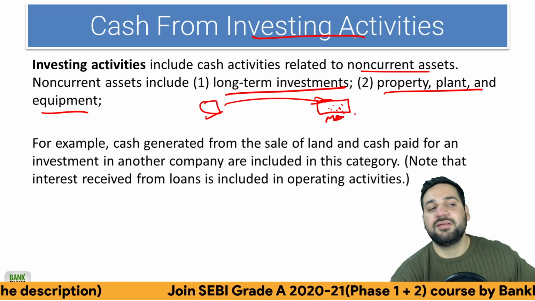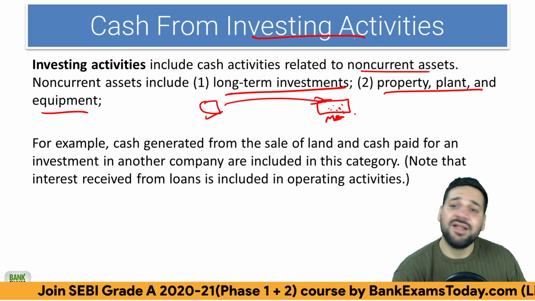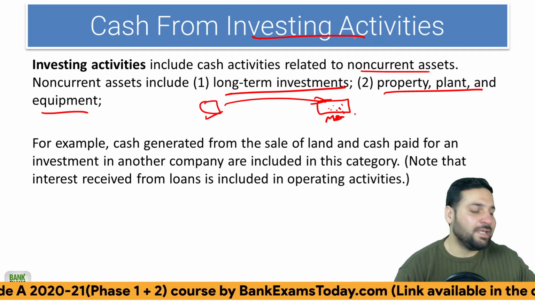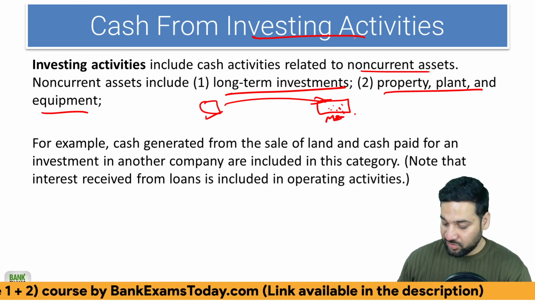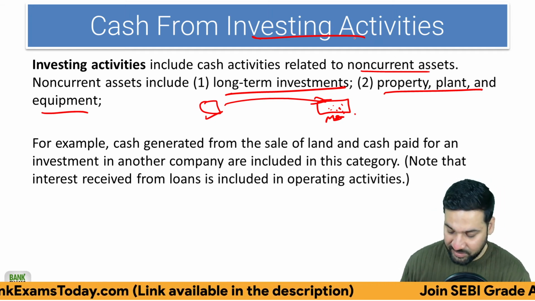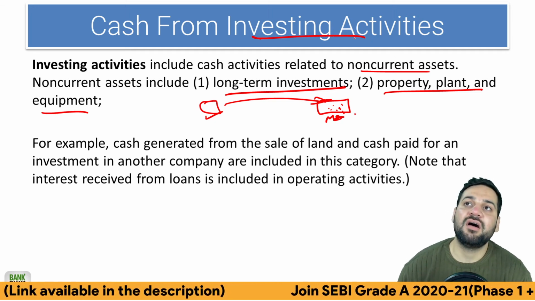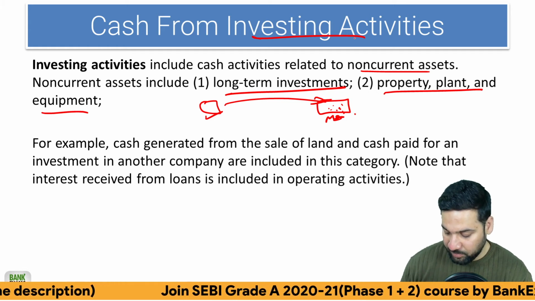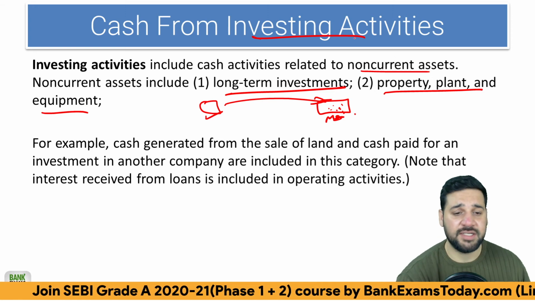You are selling your bakery store, that is not your day-to-day activity, that is an investing activity. Selling your property, plant, equipment, or any long-term investment which is not a day-to-day activity, that would be an investing activity. So cash flows from activities which are not your day-to-day business activity are investing activity.